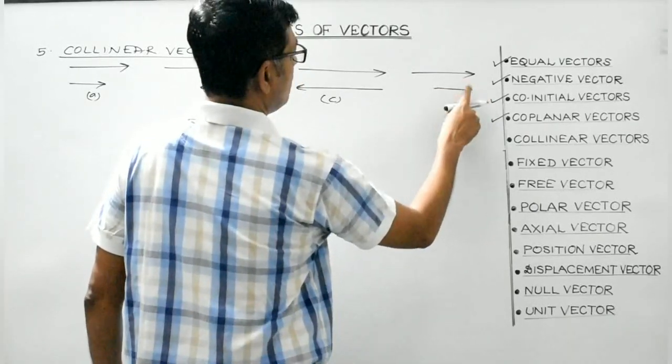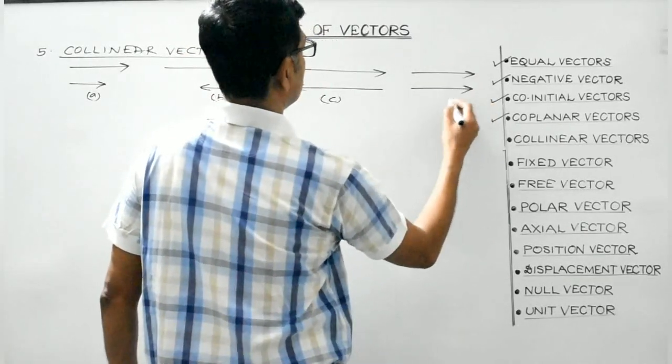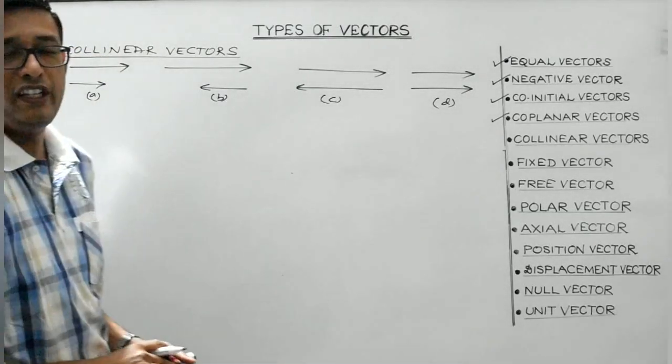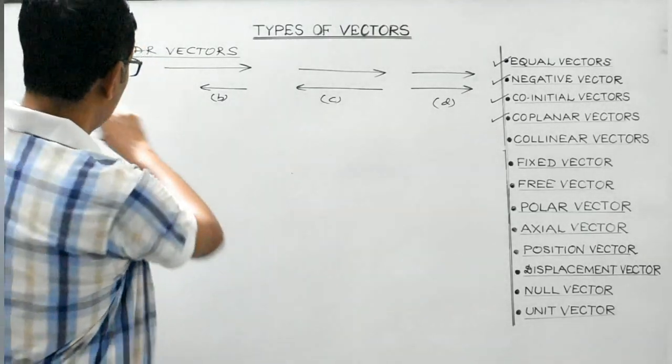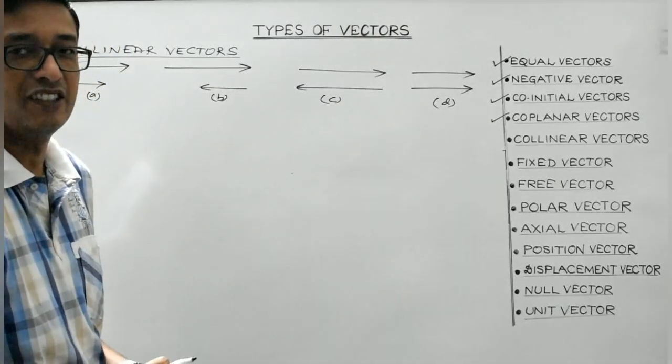They can be of equal magnitude or unequal magnitude, like this. Right. All these vectors are collinear vectors. So students, please concentrate on these diagrams. They are a set of collinear vectors.